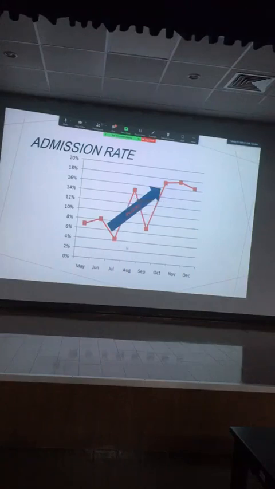From July to October, we almost tripled our admission rate. This is one of the nice success stories that you would see in an ED. Tripling the admission rate will improve the quality of your care so much, and it will improve the revenue of the hospital. So that's a good example.